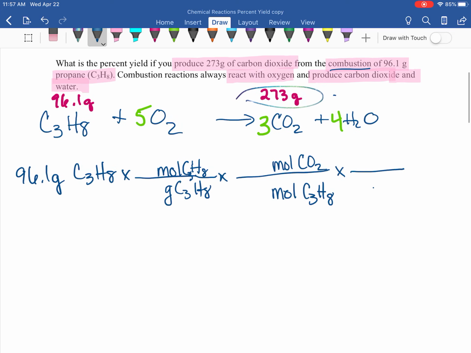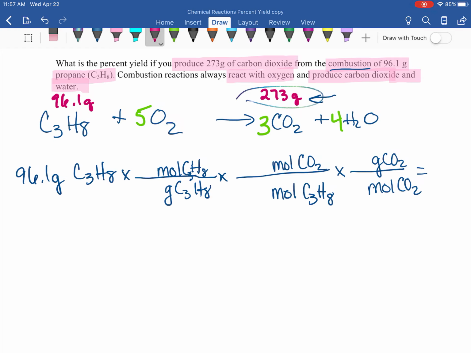Let's convert it to carbon dioxide, since that's the one that we're going to calculate our percent yield. And now we need to turn that into grams. That's what your answer is in, grams. So let's convert that then to grams. And this will be our theoretical. So let's start there. Let's fill in some numbers. What is our molecular weight of propane?